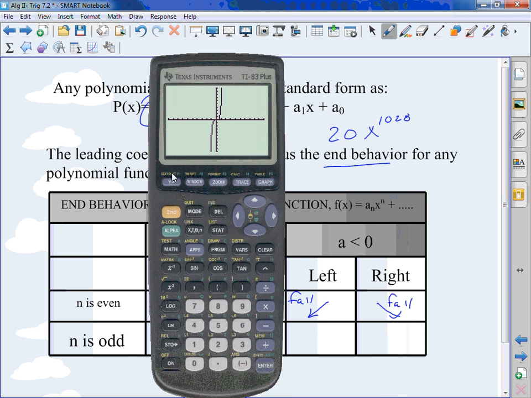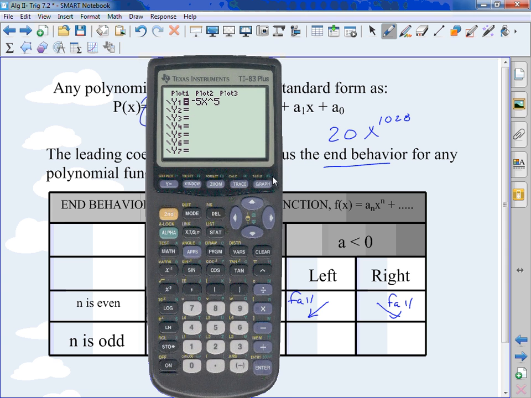If I use a number less than 0, what do you think is going to happen? This one's going to rise, and this one's going to fall.